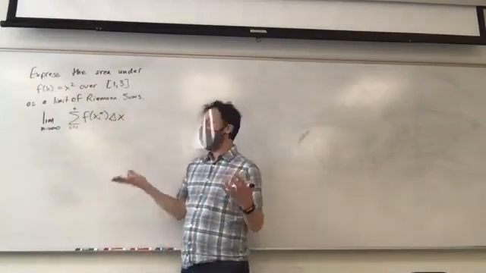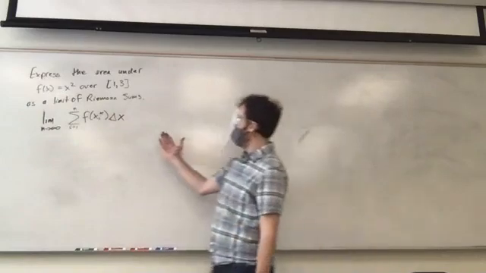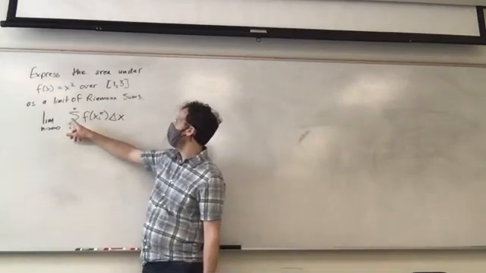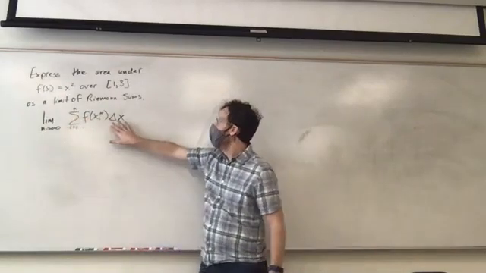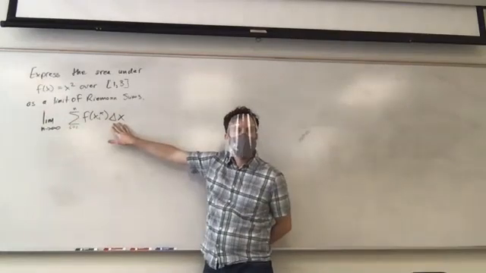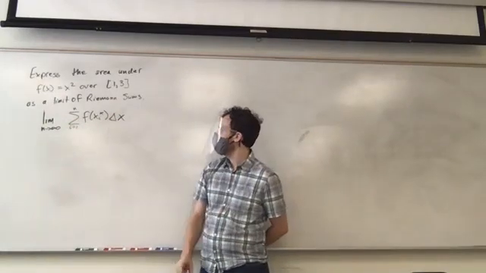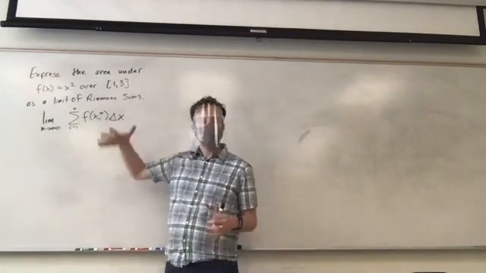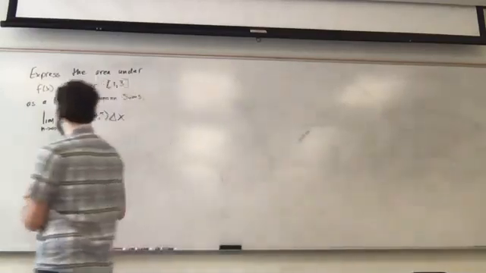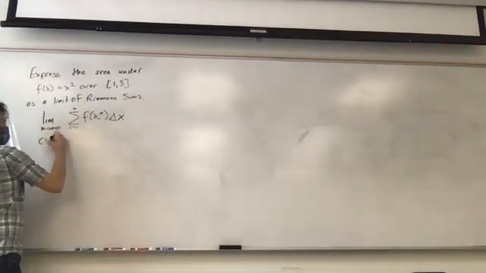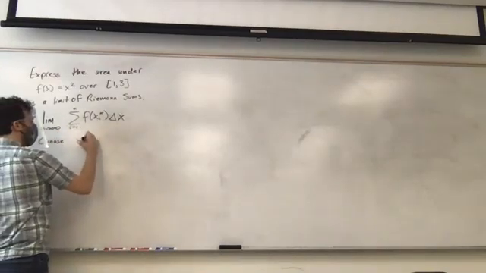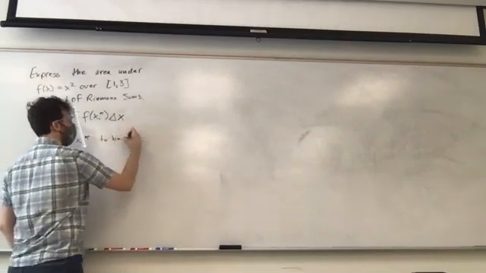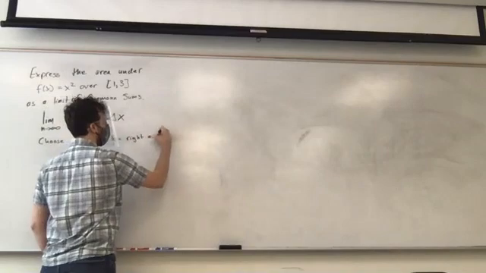So what we actually need to find, given this template for what our answer is supposed to look like, is we need to think, if we cut up our interval into n rectangles, what are their widths? That's what this delta x is, the width of our n equal size rectangles. And x_i star, these are the test points that we use to figure out the heights. In this case, what is really the default choice, is we'll choose these test points to be the right endpoints.